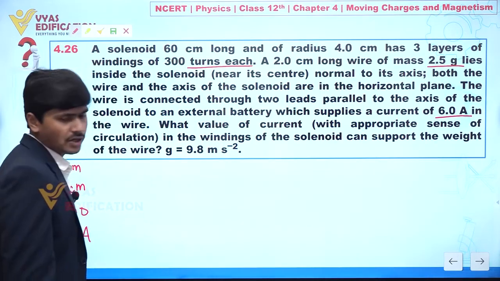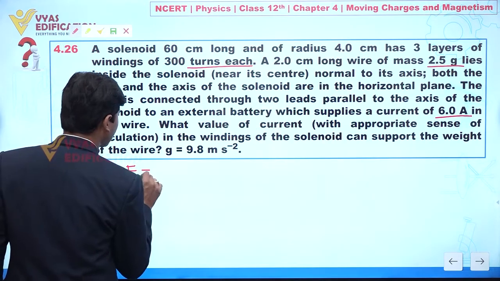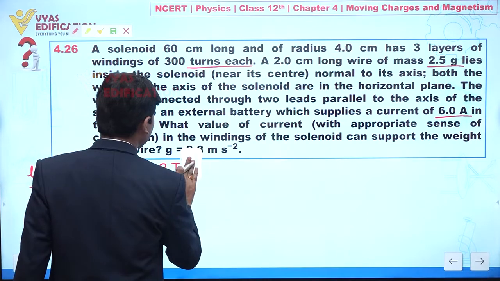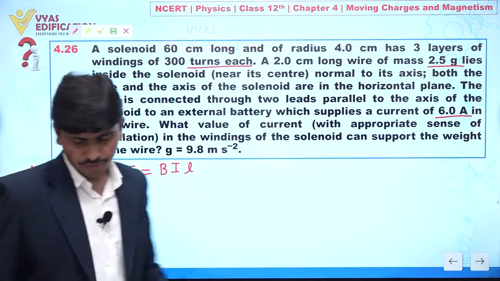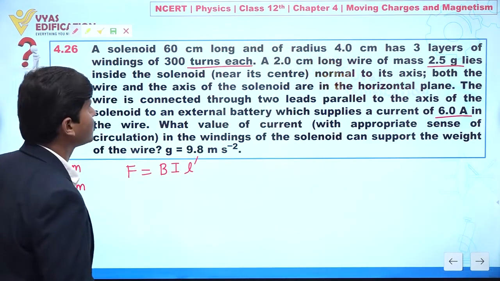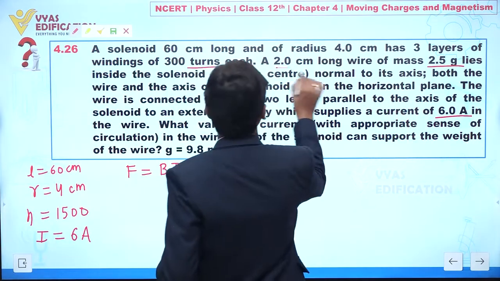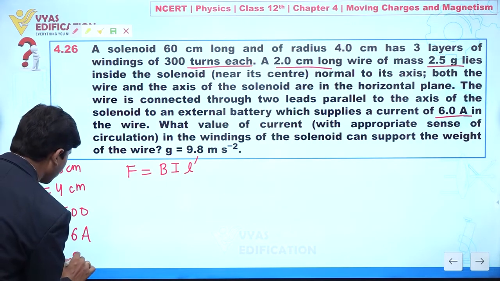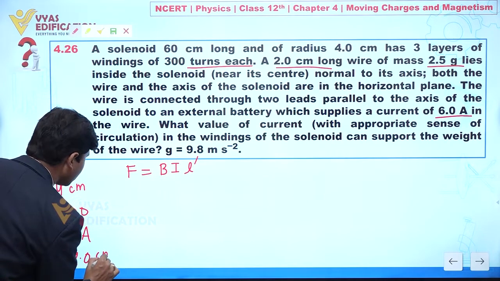That force is given by BIL. Let's suppose we take the length as L dash, because this L dash is given to you as a 2 centimeter long wire. So L dash is equal to 2.0 centimeter.